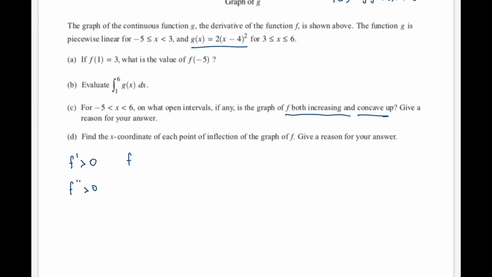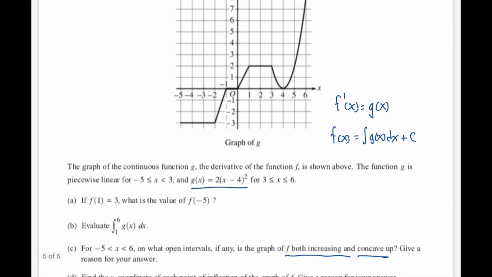Now we know that f prime is g, and so f prime prime would be g prime. Let's try that out. Well, f prime is g, g is greater than 0 from 0 to 4, and then 4 to 6.